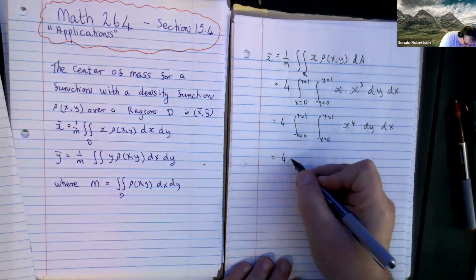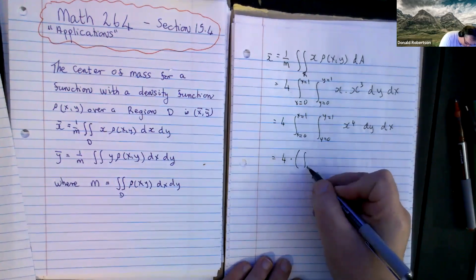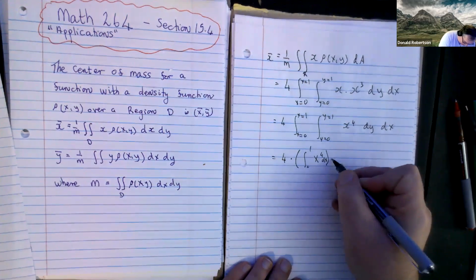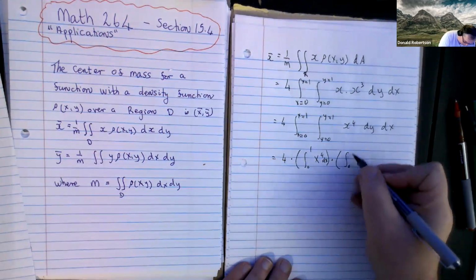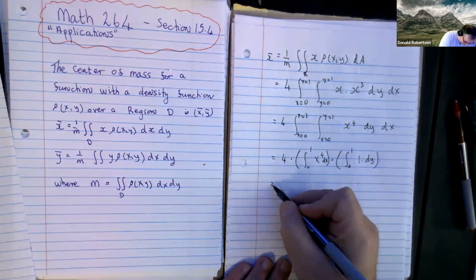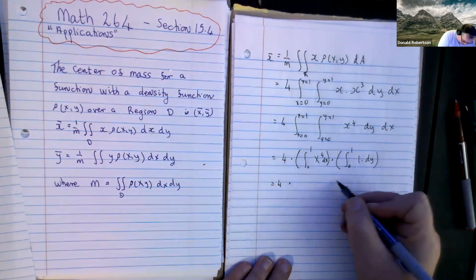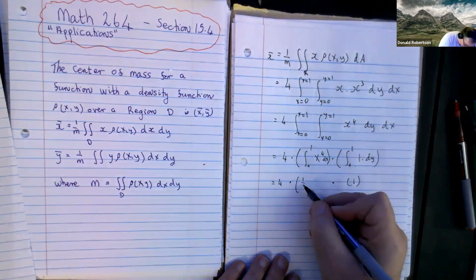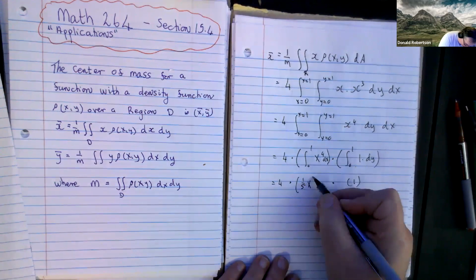So it's going to be 4 times the integral from 0 to 1 of x to the 4 times the integral of y from 0 to 1. Yeah, that guy. This guy is 1. This guy is 1/5 x to the 5.